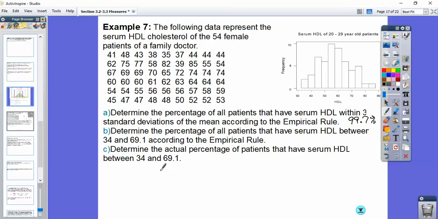Calculator. So, grab your calculator, or Chromebook if you don't have a calculator, and enter these into your L1. There's 54 of them. Just quickly type them and hit enter. Remember, you go to Stat, Edit, and clear out any values that are already there. I get my mean.